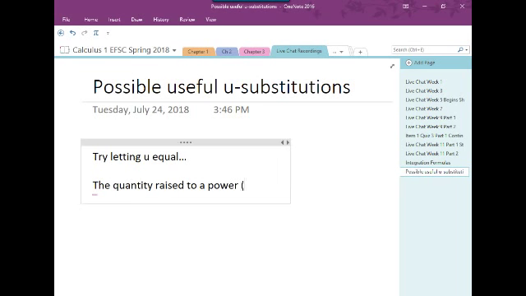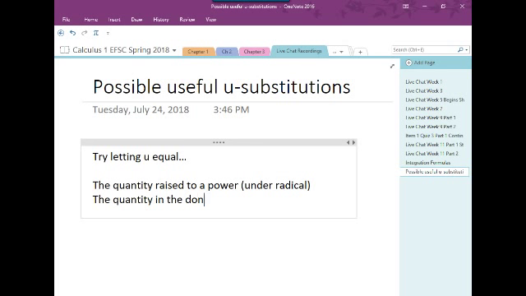And by the way, the power might be disguised as a radical, so if it's under the radical, that would be the same thing. Sometimes we let u be the quantity if we have a quotient, because there's no quotient rule for integration either. We would let u be the quantity in the denominator of the quotient, or of the fraction.